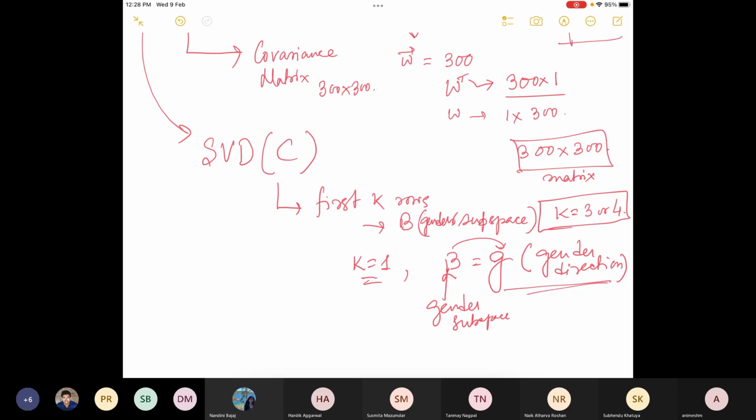Now, why is this SVD of C a good representation? Why did we in the first place compute the covariance matrix, and why did we say that this SVD of C is a good representation of the gender subspace? Why?